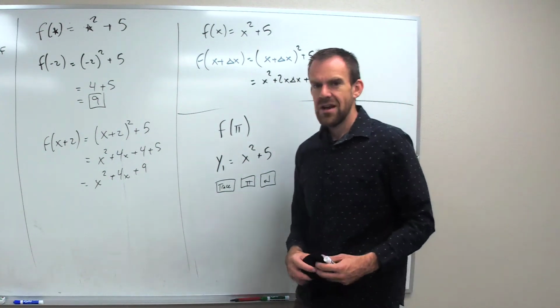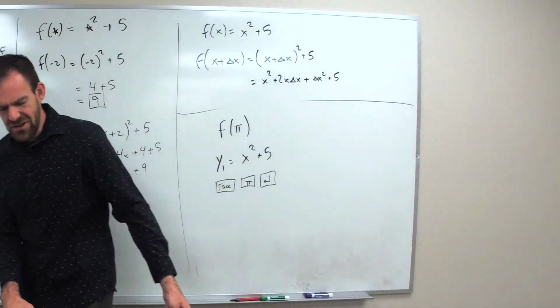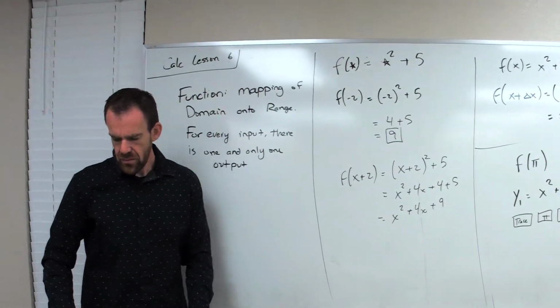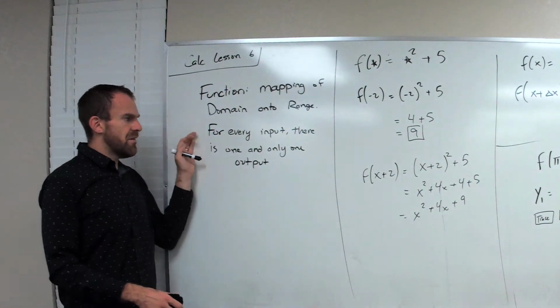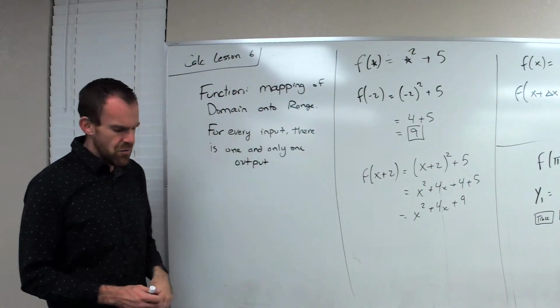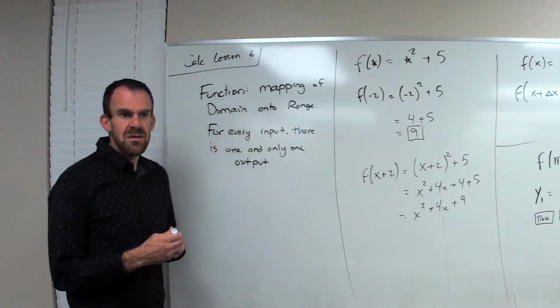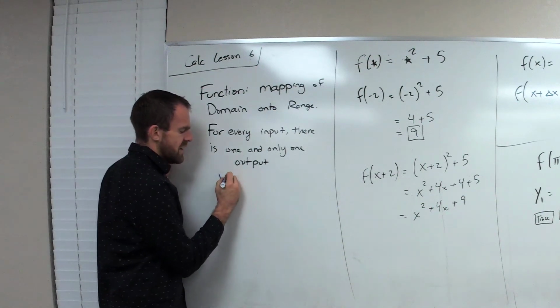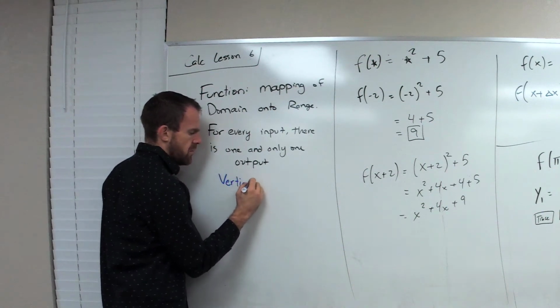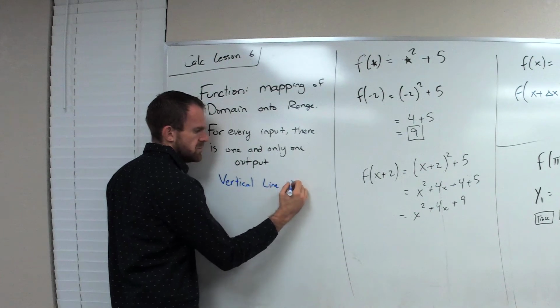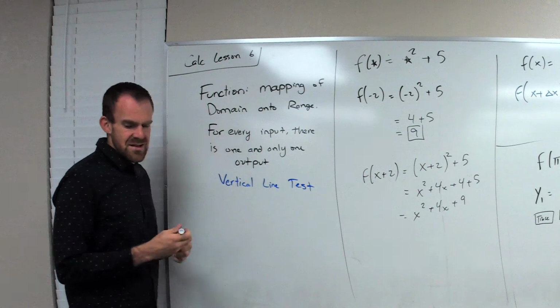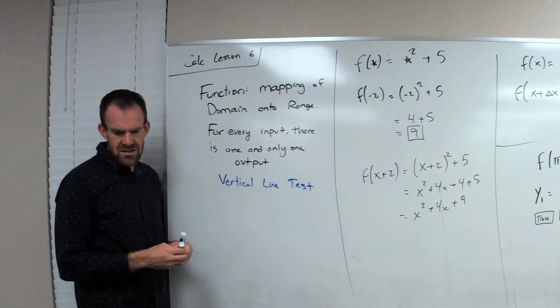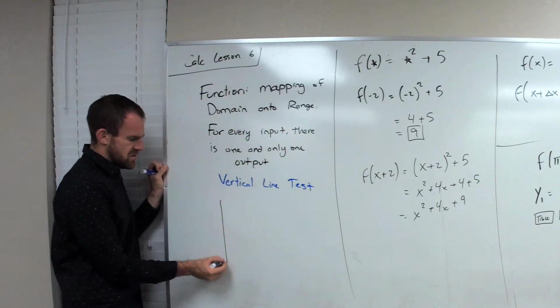Now, let's talk about what is a function and what isn't a function. I already gave you the definition over here. In order to have a function, for every input, there must be one and only one output. We use something called the vertical line test to test this. So let's look at these functions.